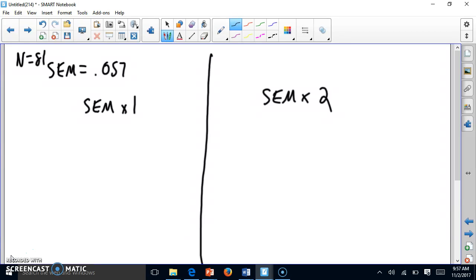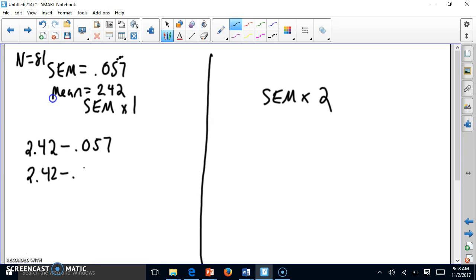To calculate the mean range for 1 standard error of the mean, you take the mean, which was 2.42, and you both subtract and add the standard error of the mean.